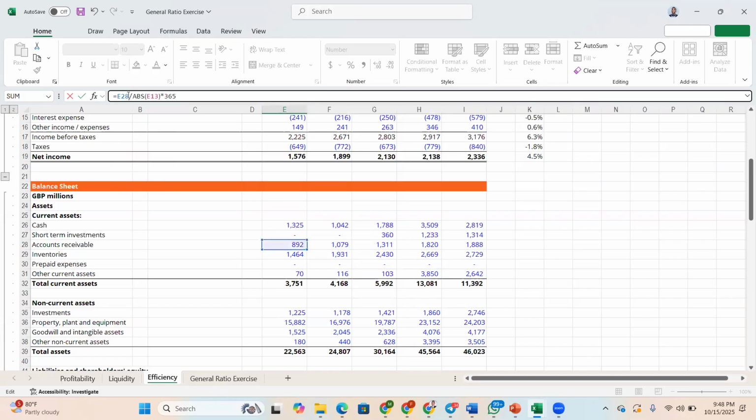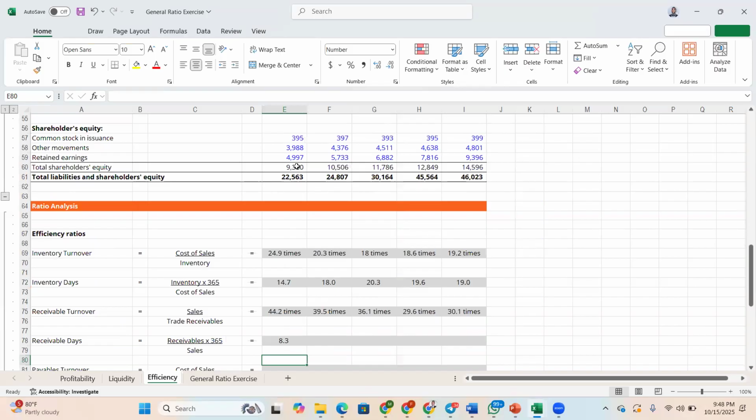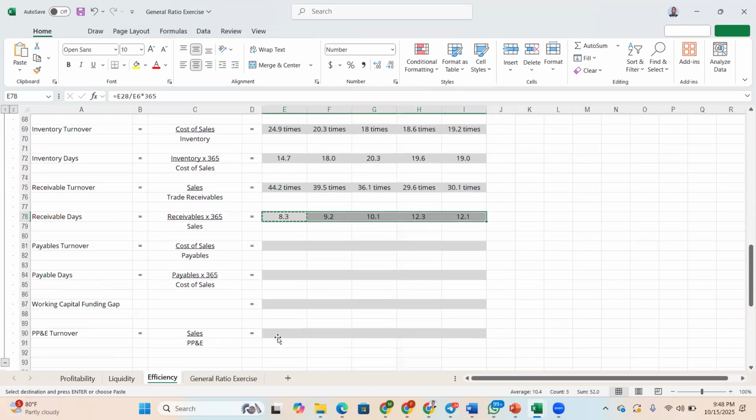So just say E28 divided by sales. Your sales is this, times 365. 8.3, yeah. So copy and paste. So that's how you calculate your receivables days.